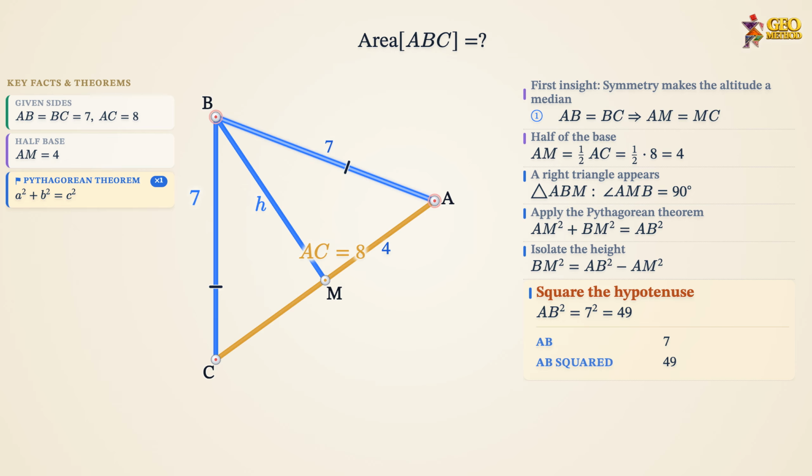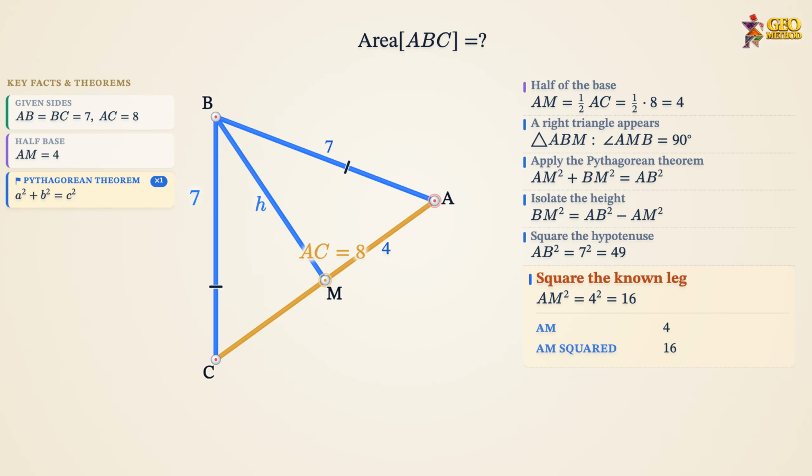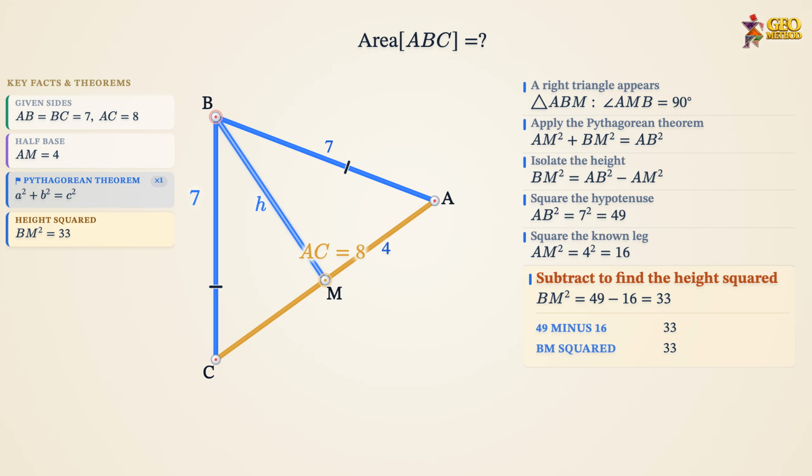The hypotenuse segment AB is 7, and 7 squared is 49. That is the first number we drop into the height formula. The known leg segment AM is 4, and 4 squared is 16. That is the second number, the one we subtract. 49 minus 16 is 33, so the height squared is 33.